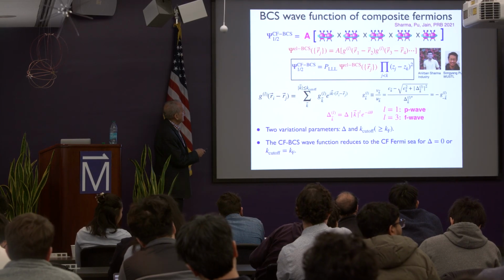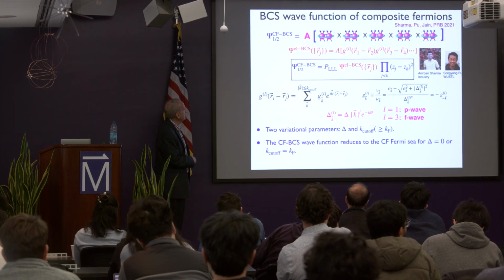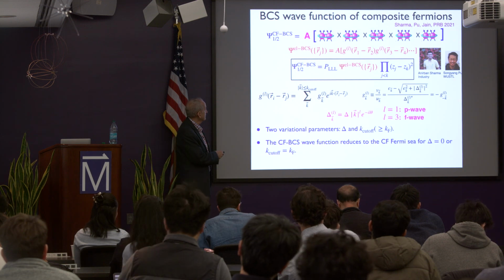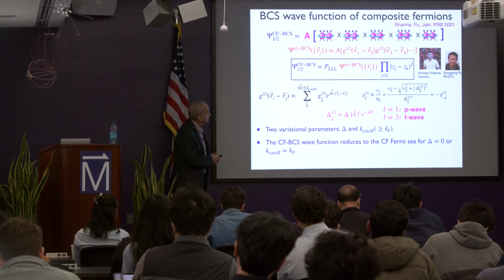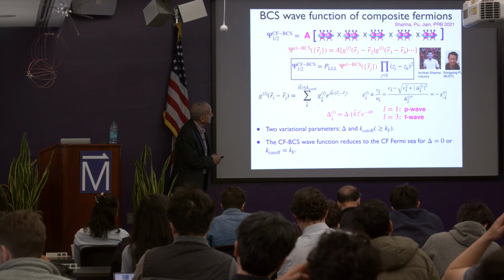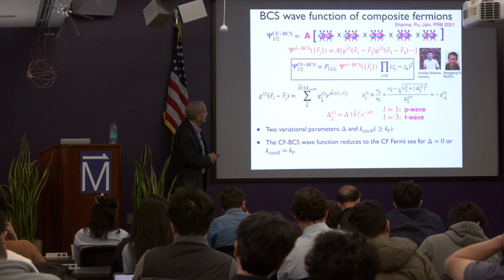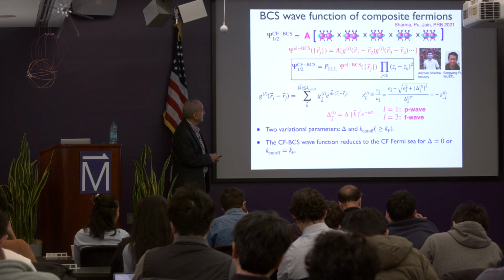So now we have to have some form for this. Following BCS theory closely, I'm going to write it in this fashion. Delta is the gap. L is the angular momentum of the pair as defined here, e to the power minus i L theta.